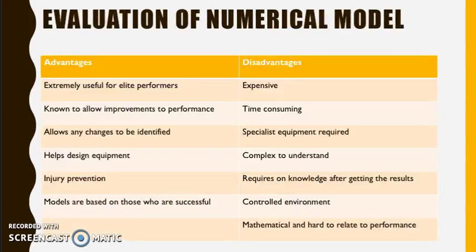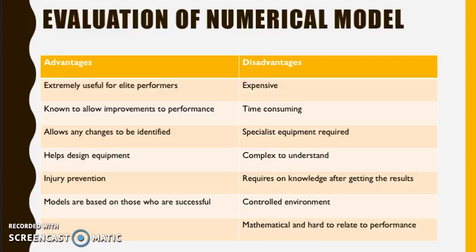So there are advantages and disadvantages of using the numerical model for sporting analysis. So the advantages are that it's helpful for elite performers because any slight modification could be the difference between them winning a gold medal or them scoring the goal. It has been shown that analysing biomechanics of a performer can lead to performance improvements.